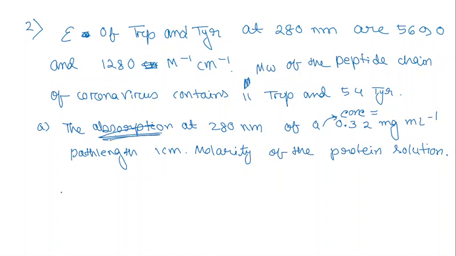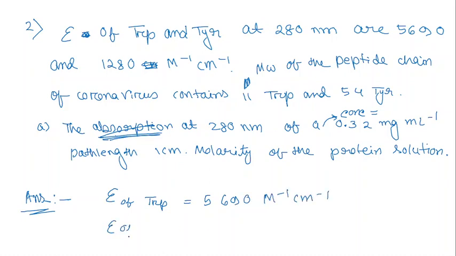For the absorption, they already provided the things. I will write here: epsilon of tryptophan 5690, tyrosine 1280.